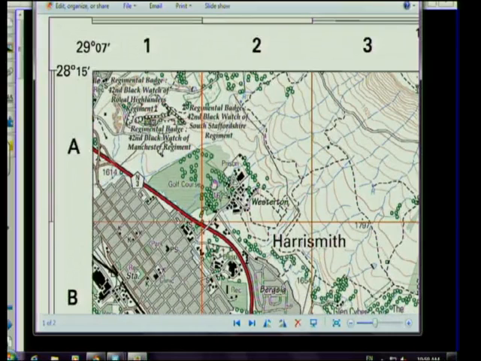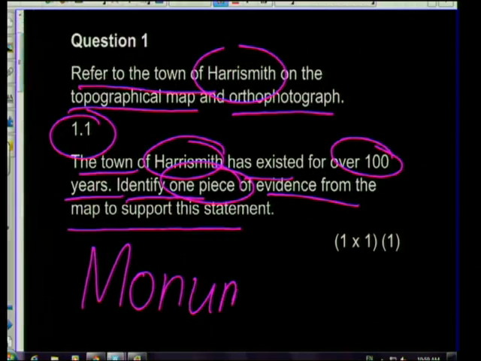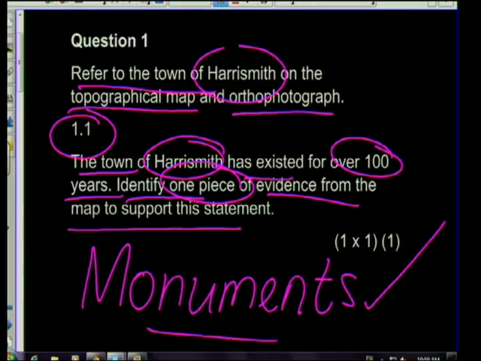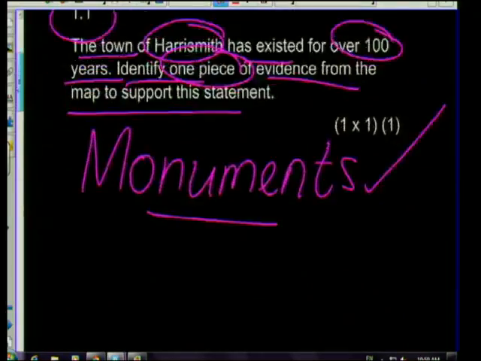Italic script suggests monuments or places of early origins. This tells us that this town is an old town. So, getting back to my question, the town of Harrismith has existed for over 100 years. Identify one piece of evidence, and my evidence is monuments. The existence of monuments suggests that this town is old. Moving on to the next question.